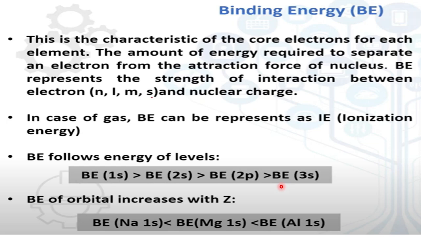You absolutely know from your 11th or 12th standard why the 1s electron has higher binding energy: since it is much closer to the nucleus, obviously it has a higher binding energy. And binding energy of an orbital increases with Z, the effective nuclear charge. So that's why Na 1s is less than Mg 1s, less than aluminum 1s.